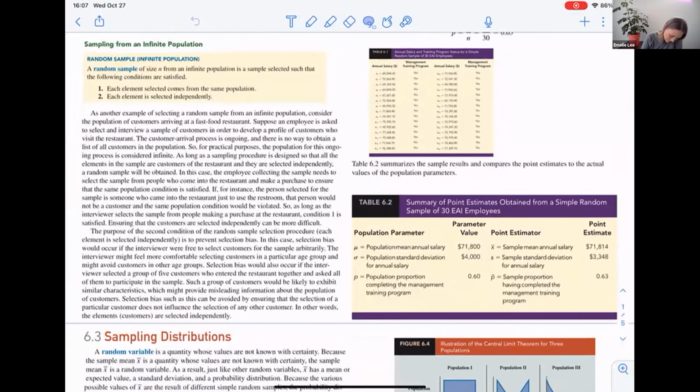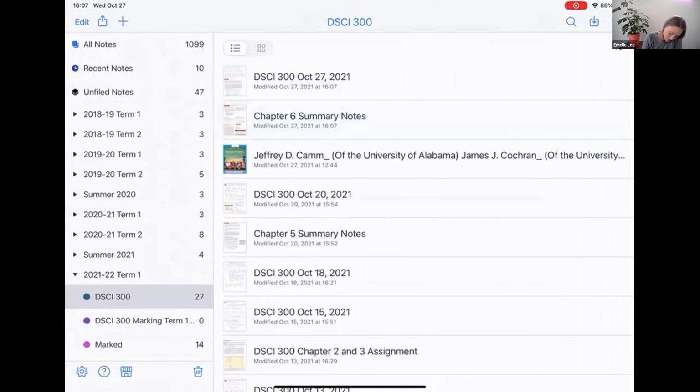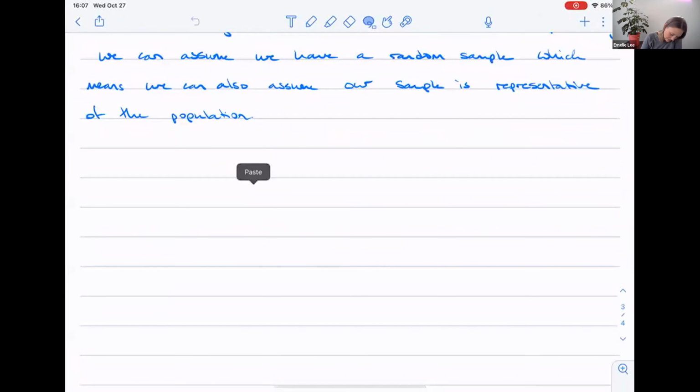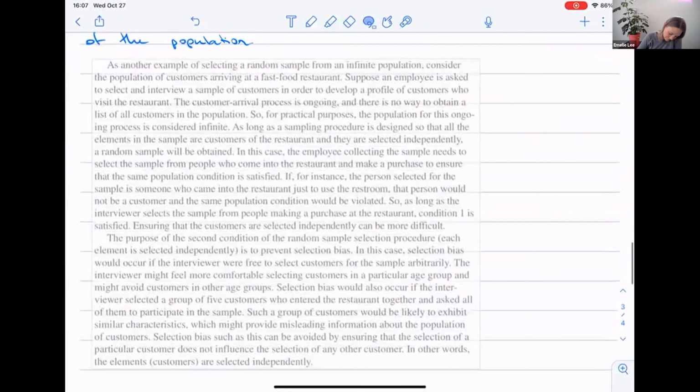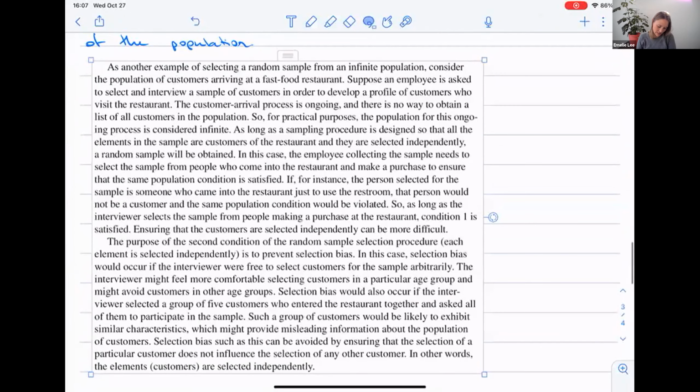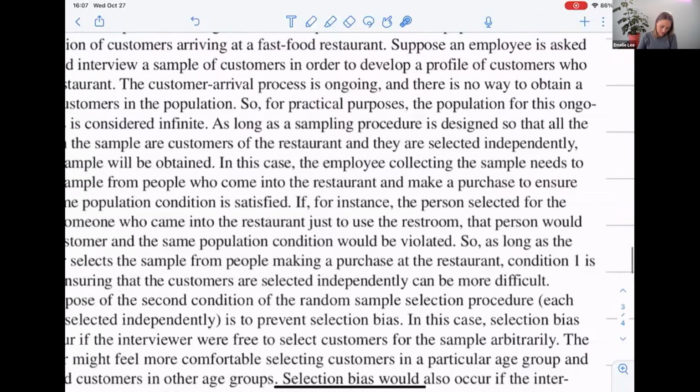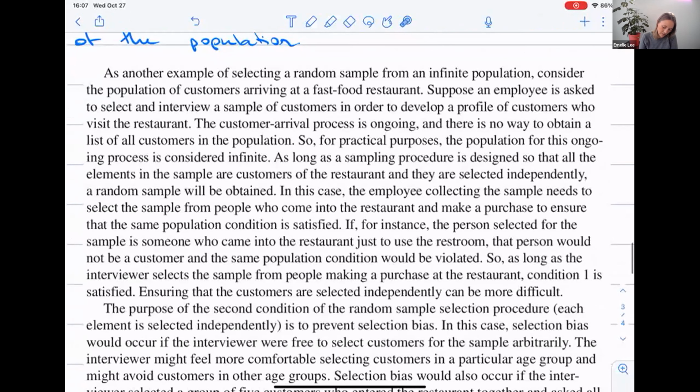So there's kind of a fun example here. It's kind of wordy, but I'll give you the gist. For selecting a sample from an infinite population, suppose an employee is asked to select and interview a sample of customers in order to develop a profile of the customers who visit some restaurant, specifically a fast food restaurant.